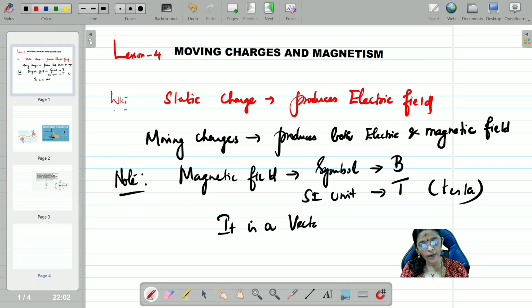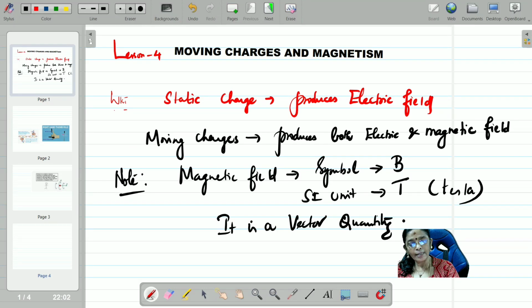In lower classes, class 10, we learned, children, that the magnetic field line always starts from the north pole and goes towards the south pole. So it is a vector quantity. Got it, children? Just the basics I am giving you.